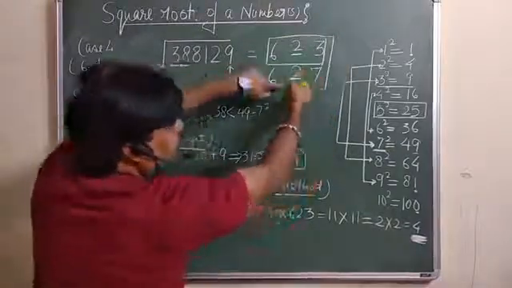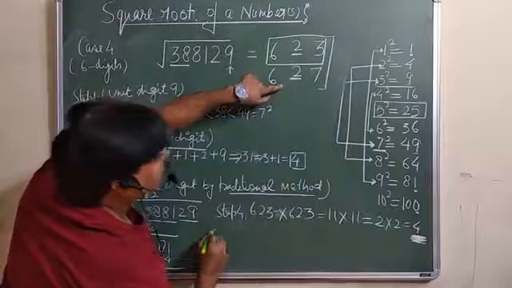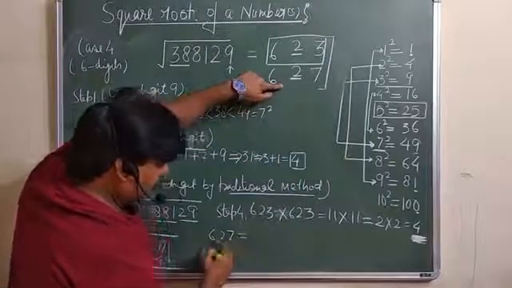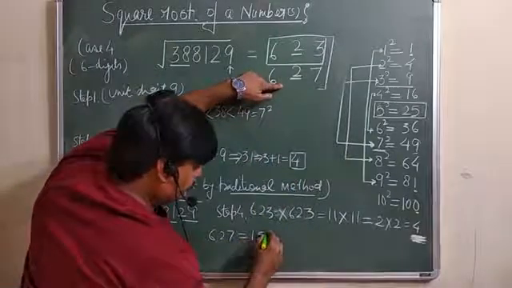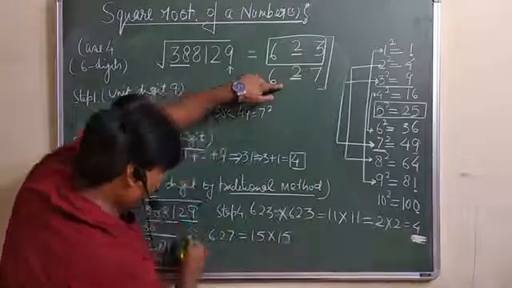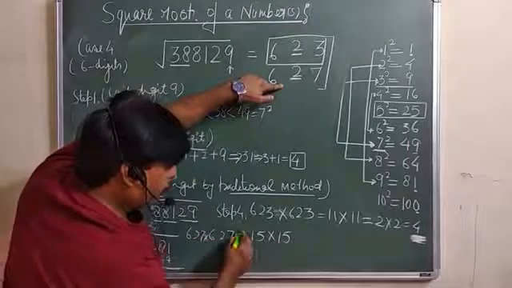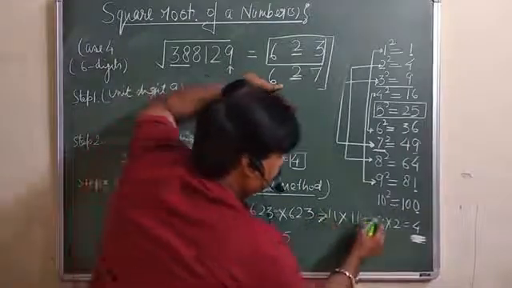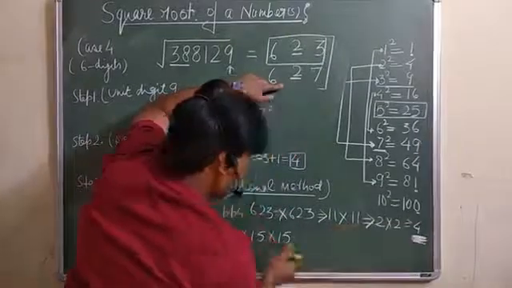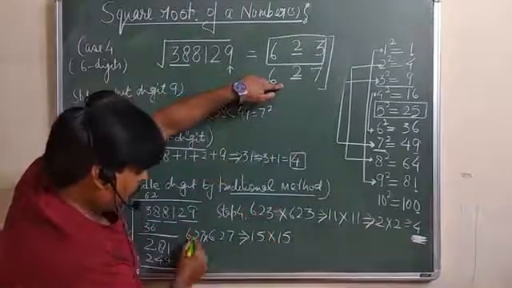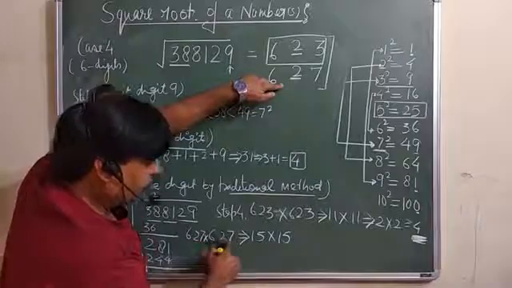You can check this one also. Now 627, if you take, you will get 15, 15 into 15.